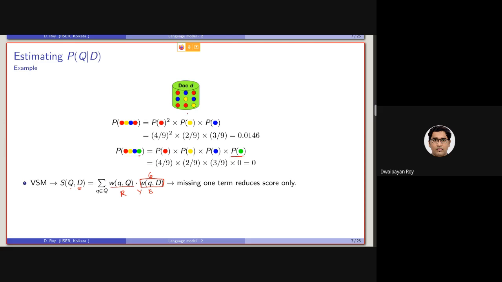So the score will be computed based on only the occurring query terms. The absent query terms will not be considered at all. But here it will result in a 0 score, which is actually incorrect.